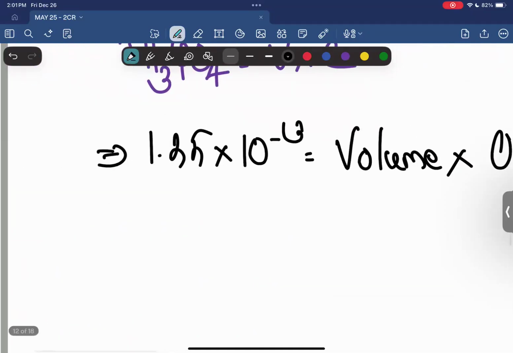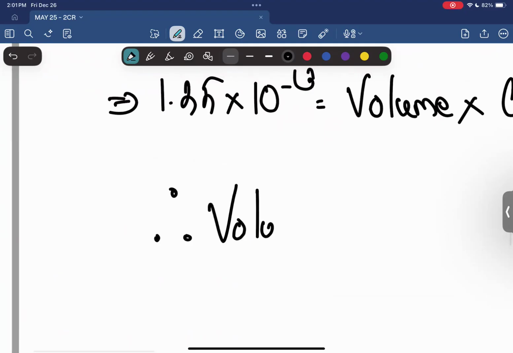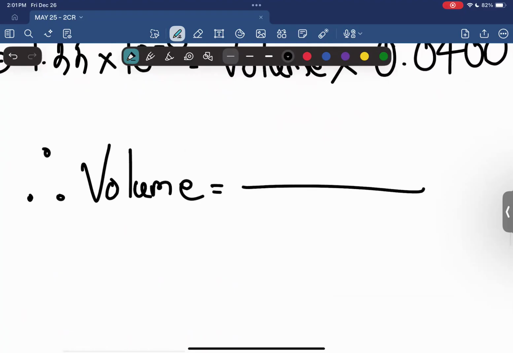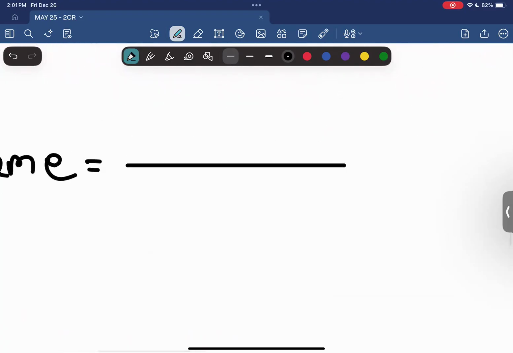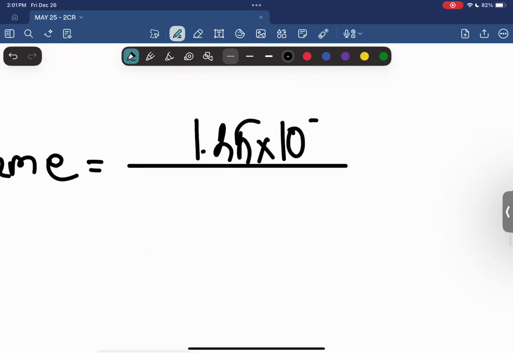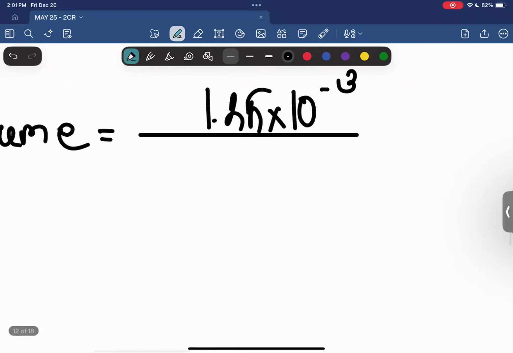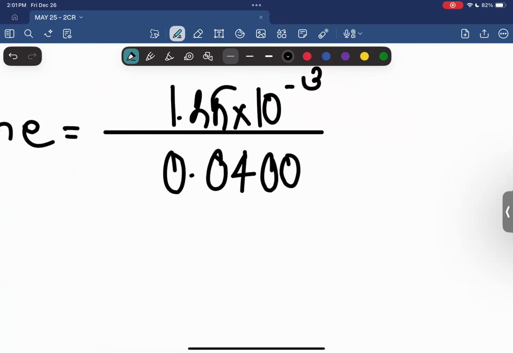You make volume the subject, and this should be equivalent to 1.25 times 10 to the power minus 3 divided by 0.0400.